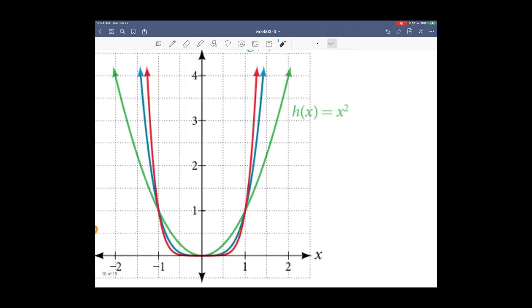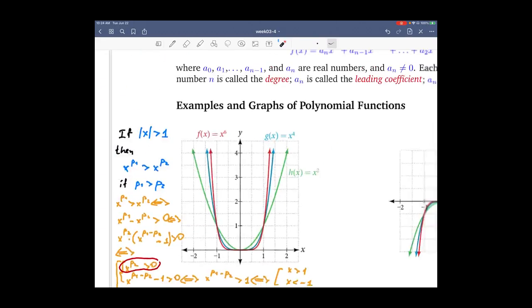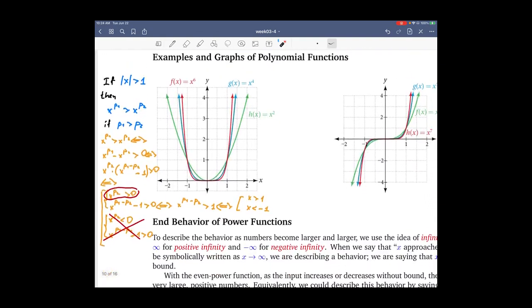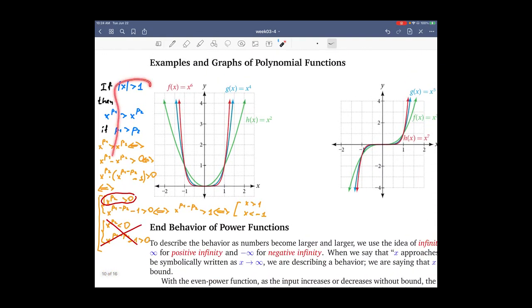The blue graph corresponds to the fourth power, and the green graph corresponds to the second power. The second power beats the fourth power when you are in between -1 and 1. You can show this fact using the same work. In principle, all these are parabola-shaped.